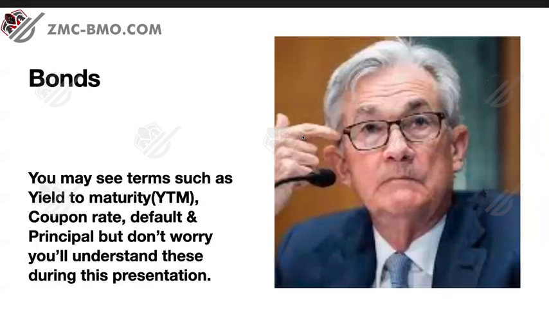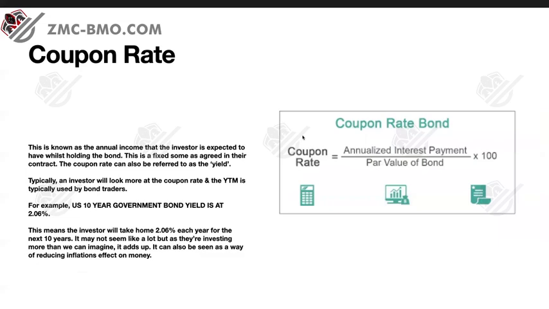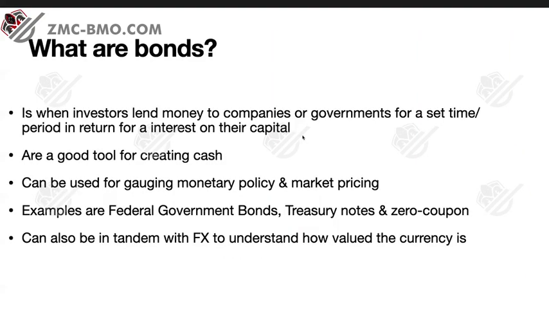But just to summarize, we have to be looking more towards the coupon rate on the bond, the government issued especially, because as I said at the start, it can be used for gauging monetary policy and market pricing. Of course, that all depends on what the fundamentals within the economy are at that time. Are they going through huge amounts of unease, wars, for example, maybe even the French elections that we are currently experiencing?